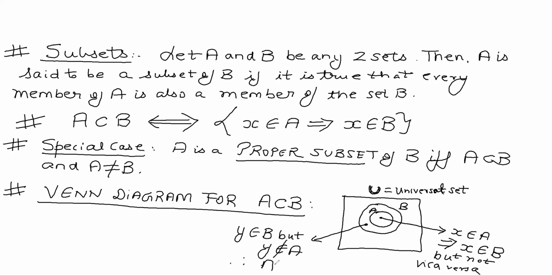Therefore, A and B are not equal, because Y lies within B, but Y does not lie within A. So students should not get confused between equality of sets and subset. The two are completely different concepts.